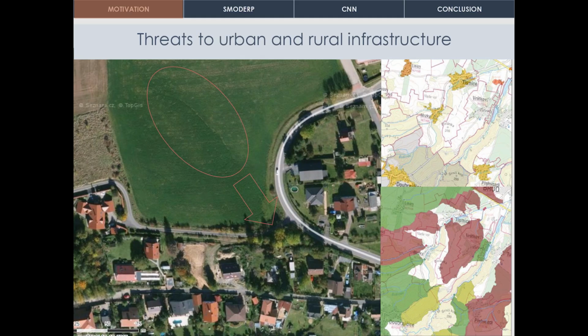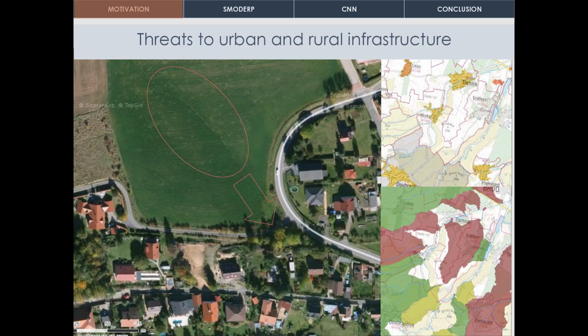Next please. The last part of the motivation is the degradation of the soil in the landscape or in agricultural lands. In this picture you can see an erosion rill, and this erosion flows directly to urban areas. The protection of urban areas and knowing where the point is at which the water goes to the urban areas is very important for us.